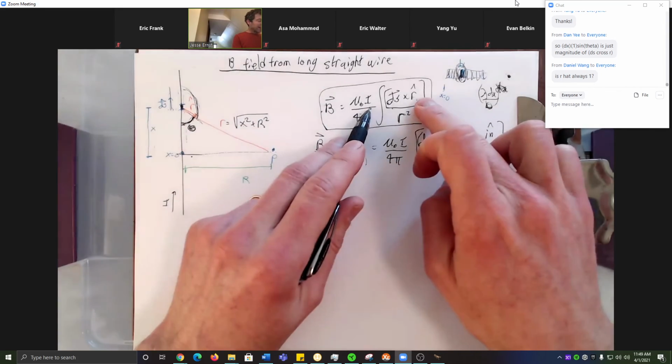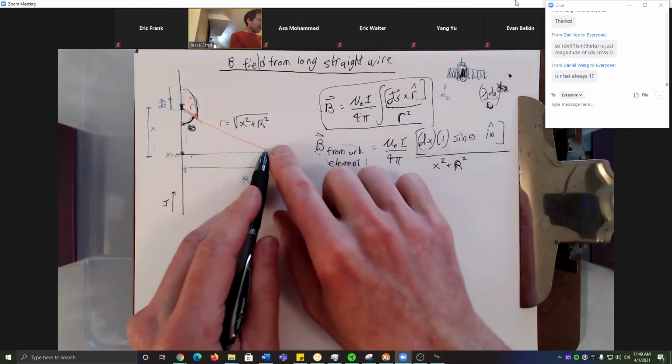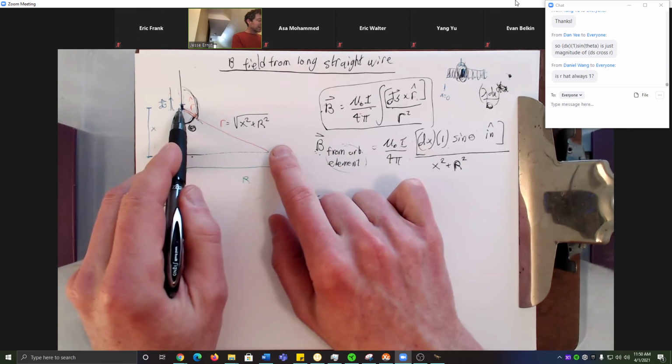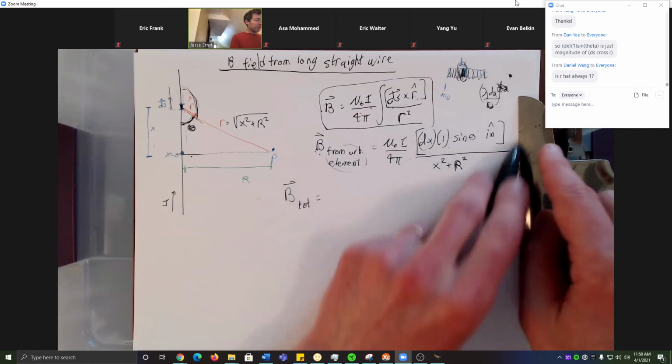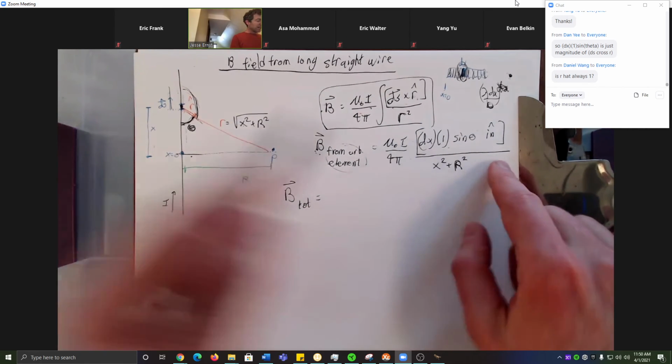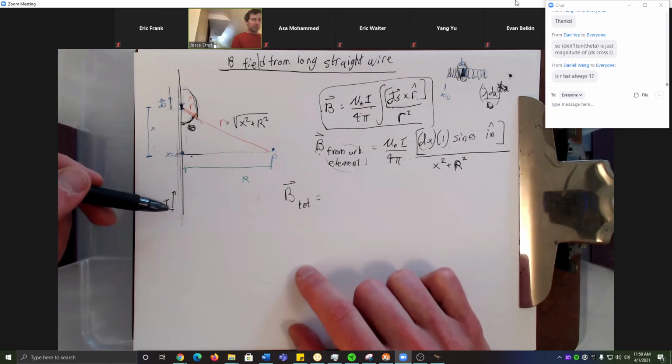But to do it, we take the intermediate step of saying, well, fine, just find the B field from one piece, and then sum over these pieces, sum over this function to find the contributions, not just from this element, but from all of the elements. Okay, that makes sense now.